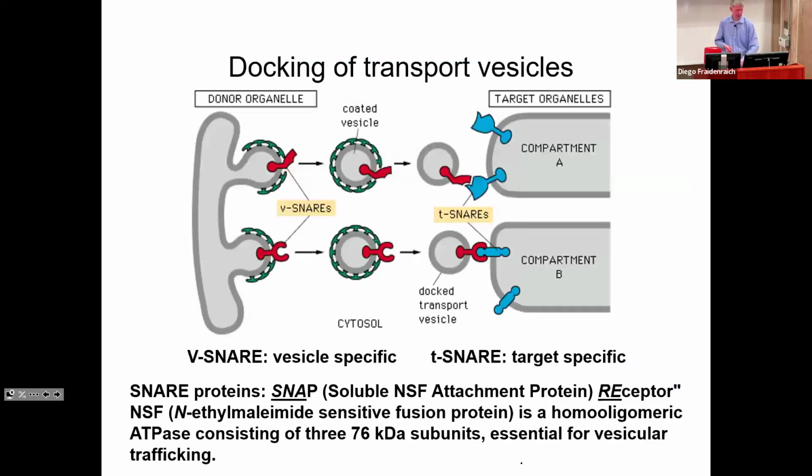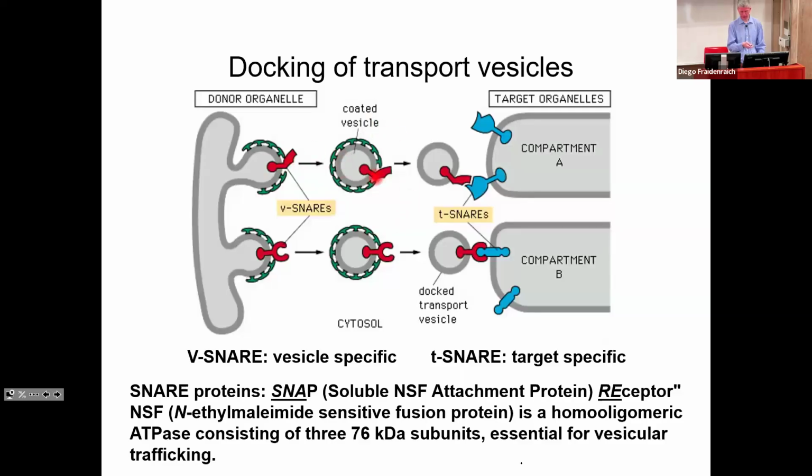This is also just to make it clear that the movement of vesicles from one compartment to another depends on specific proteins on the vesicle surface.